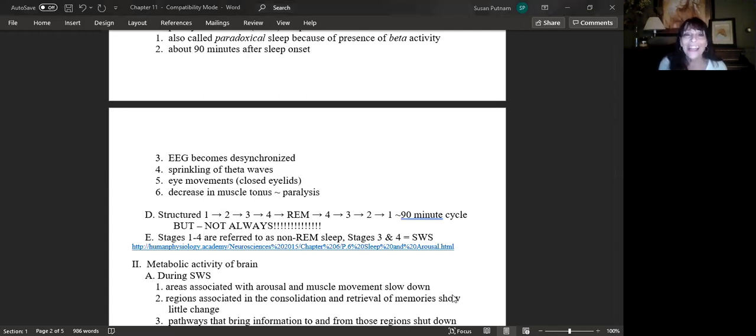So here is an illustration of the EEGs representing each different stage of sleep. Let's go through them and remind ourselves of what's present in the different stages. Here, awake: low voltage, random, fast. You can see it's not very even, not real synchronized.